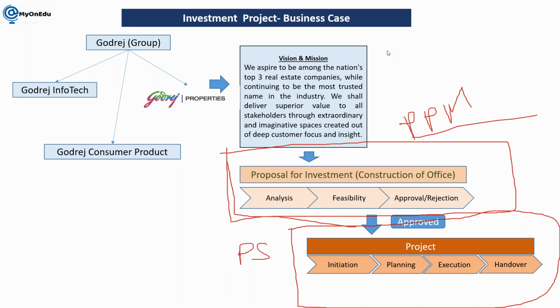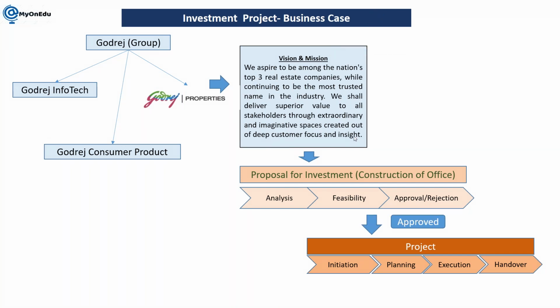PPM helps us optimize and understand the best suitable project for us, and once it is approved, we execute and manage our project in project system. Here I have taken one customer project business case.